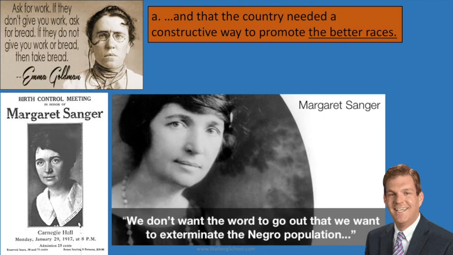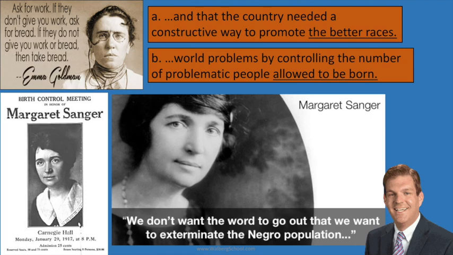In 1922, her follow-up hit was called The Pivot of Civilization, and here she argued that the specific goal of the American Birth Control League was to create a race of well-born children by limiting reckless breeding, especially among people who have genetic tendencies to crime.